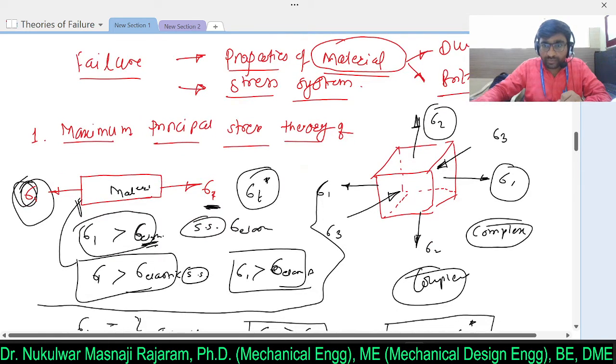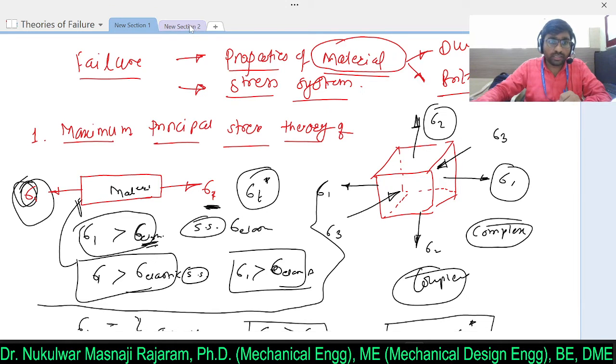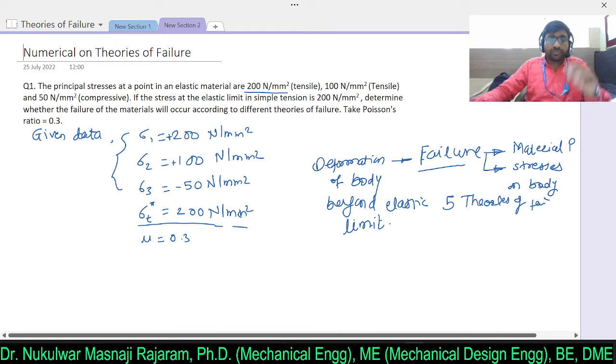Here sigma 1 is along the x direction, sigma 2 is along the y direction, and sigma 3 is along the z direction, and it is compressive. Clear? Now we will see whether the material will fail or not by using the different theories of failure, one by one.